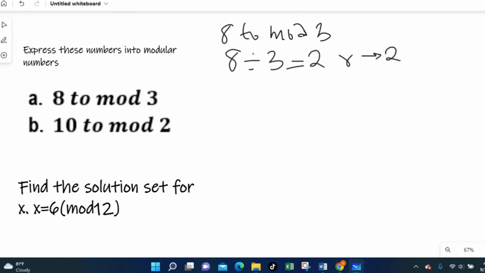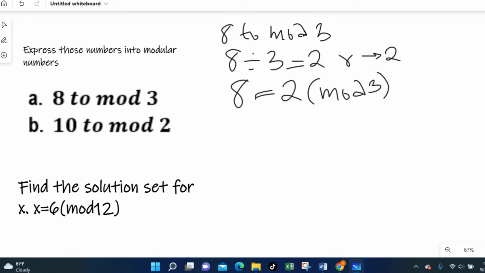2. Remember, I told you that in modular arithmetic, the remainder is very, very important because the remainder forms the modular numbers. Since we have the remainder 2, our final answer, therefore, will be 8 equal to 2, which is the remainder, mod 3.